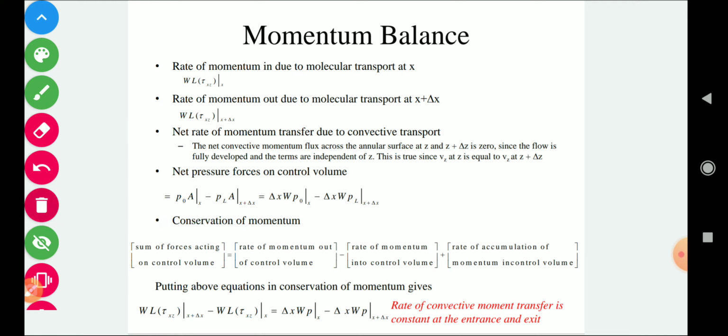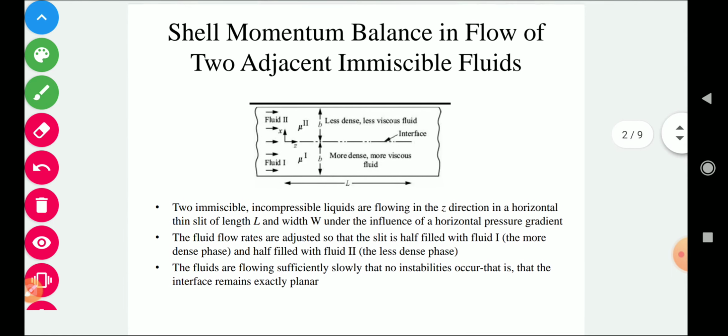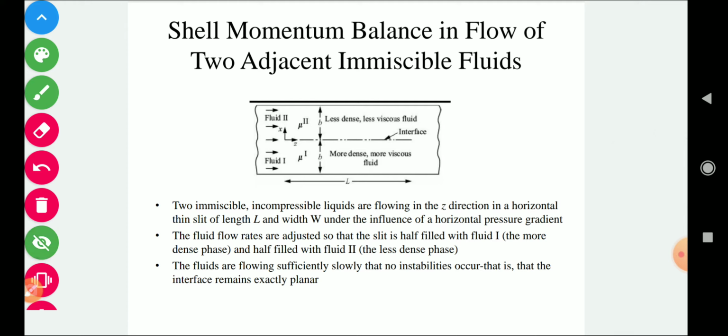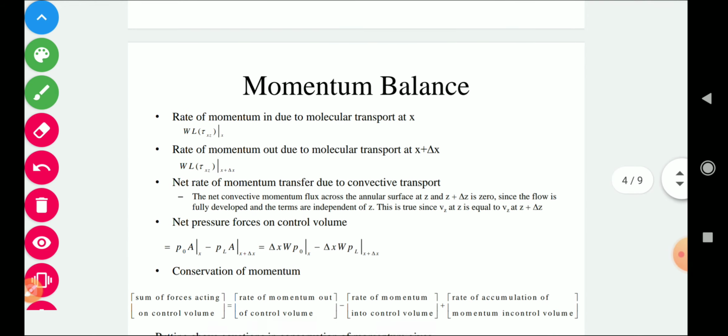Now the cross sectional area, if you can see in this diagram, the effective cross sectional area will be equal to this, width is W and this height is delta x. So effective area will be equal to delta x into W, multiplied by pressure, that will give you the pressure force.